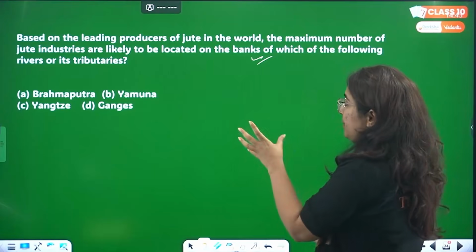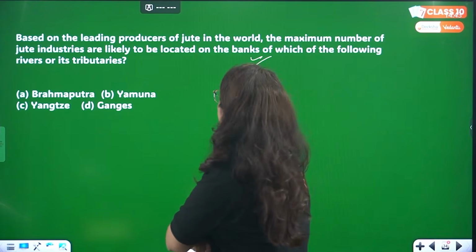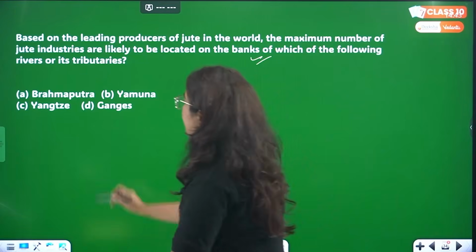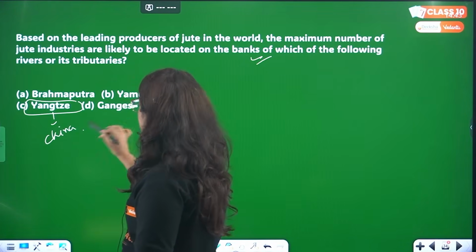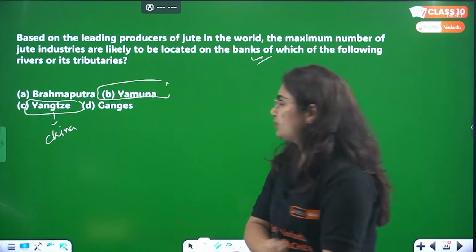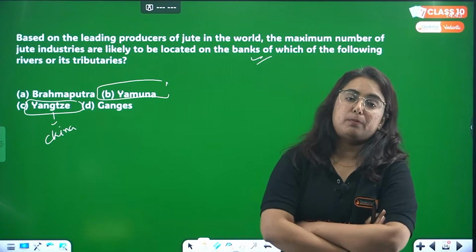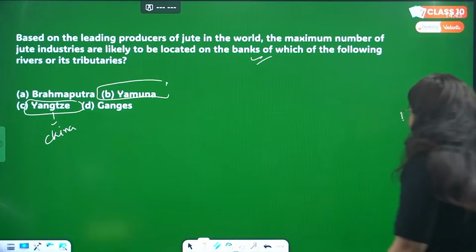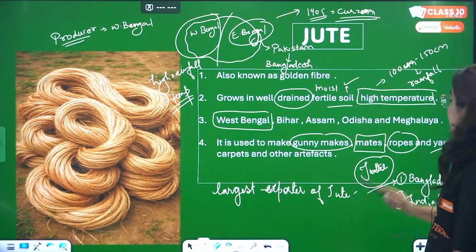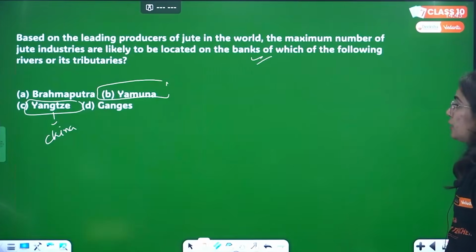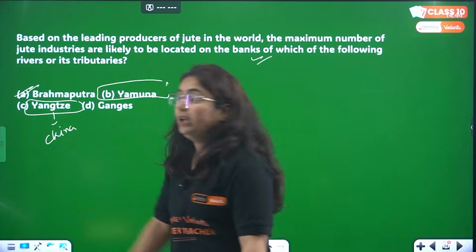Is it Brahmaputra, Yamuna, Yangtze or Ganga? Yangtze is in China first of all, and Yamuna does not reach West Bengal, but the confusion lies between Ganga and Brahmaputra. Along with West Bengal, there are states like Assam and Meghalaya. So can you see which river's proportion will be more?